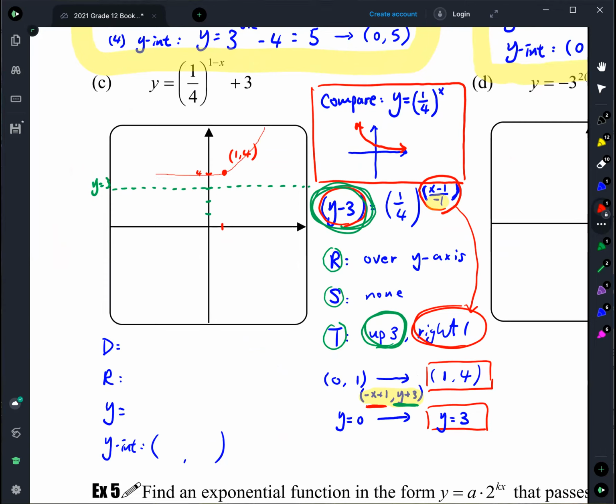Okay, so it got flipped over, right? Reflected over the y-axis. Very good. If I reflect over the y-axis, what used to be decreasing should now become increasing. Okay, so the curve will go something like that.